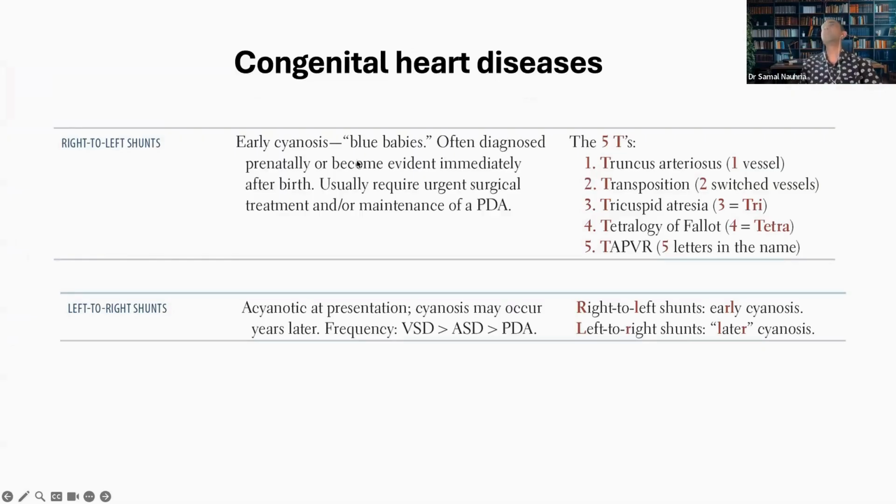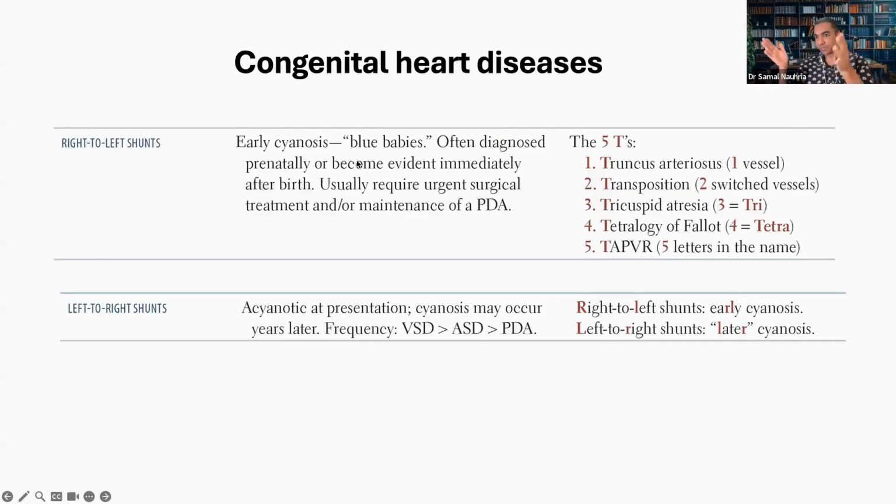A simple concept: why would the baby turn blue? The baby will turn blue if there is mixing of deoxygenated blood with the oxygenated blood. For that to happen, blood should flow from the right heart to the left heart.